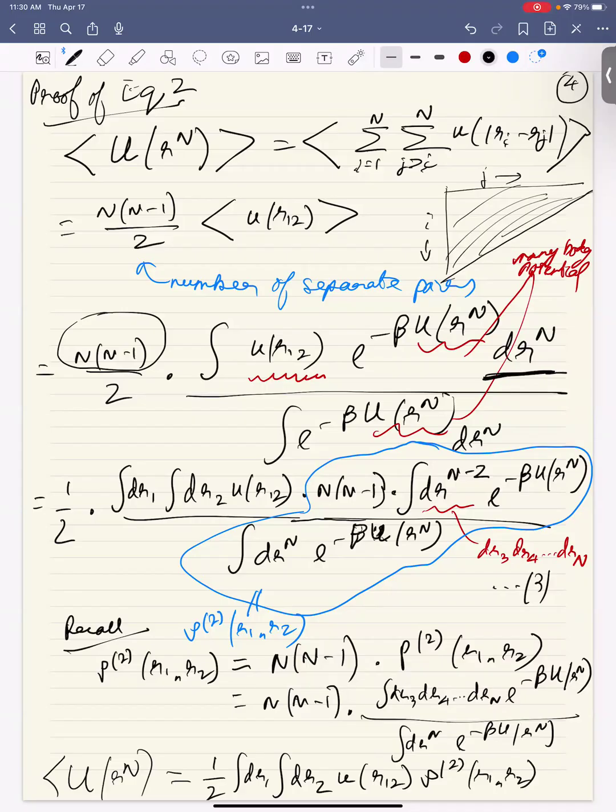Let's call this equation 4 and let's call this one 5. This is what we set out to prove for the non-spherically symmetric case, right? The average value of u is, so you can see rho 2 is a probability in this ensemble where everything is interacting. It tells you the probability of finding two things because it averages out everything else.